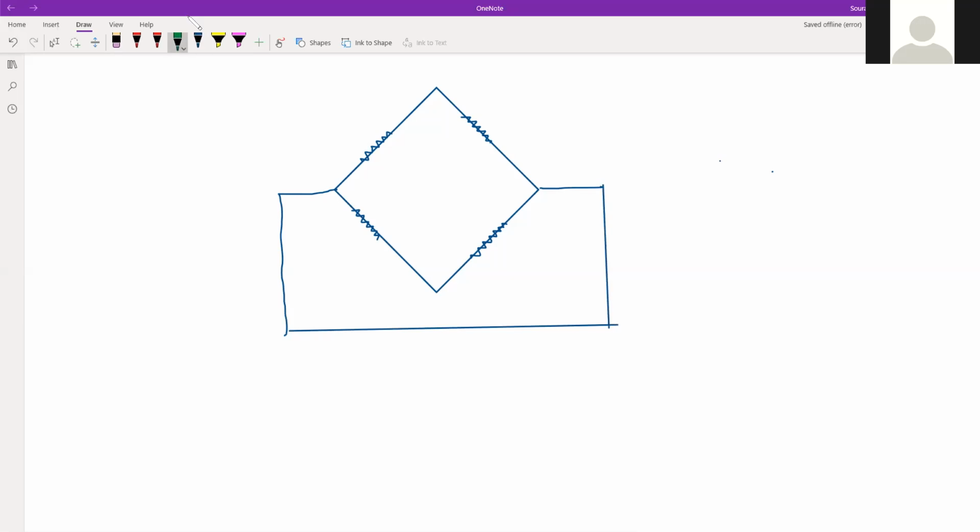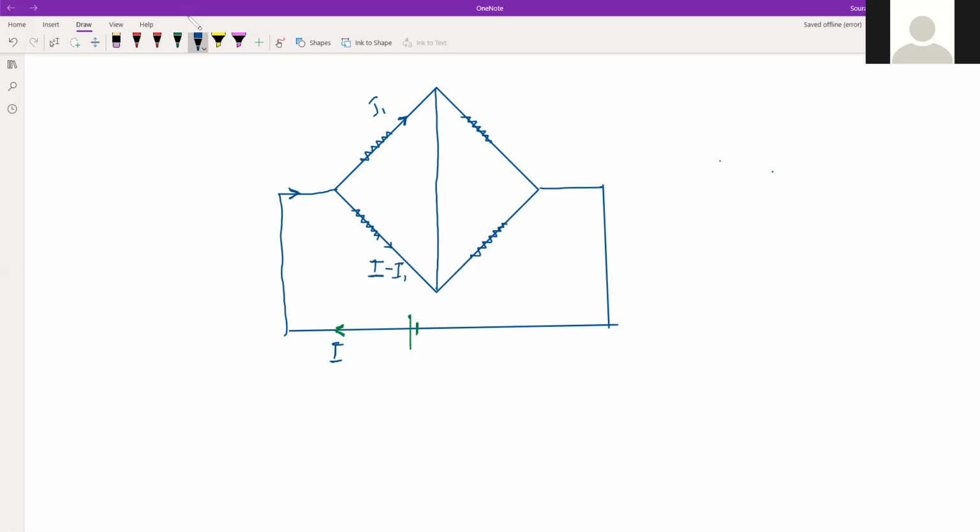This is the supply EMF, so current will flow like this. And even these two ends are connected. So the current comes here, some current will obviously go in this, let that be I1. Then if the external current is I, the current in this segment will be I minus I1.